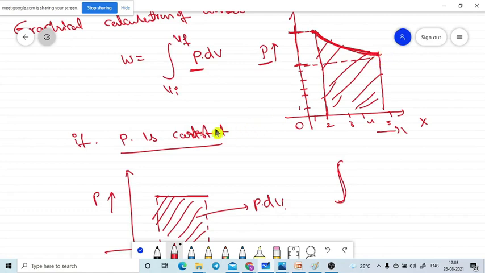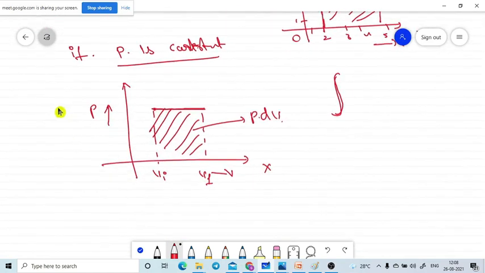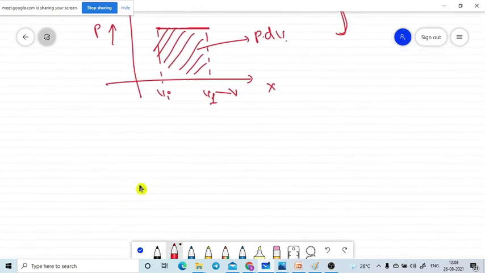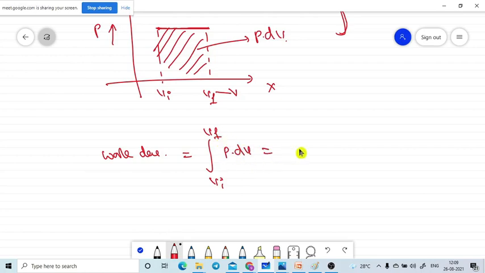So the final conclusion is that the work done by the thermodynamic system is the area under the PV graph. So work done is equal to the integral from Vi to Vf of P dV, that is nothing but the area under the PV graph.